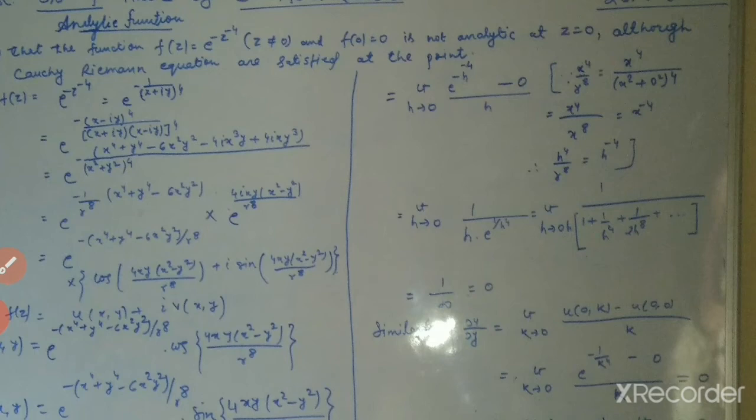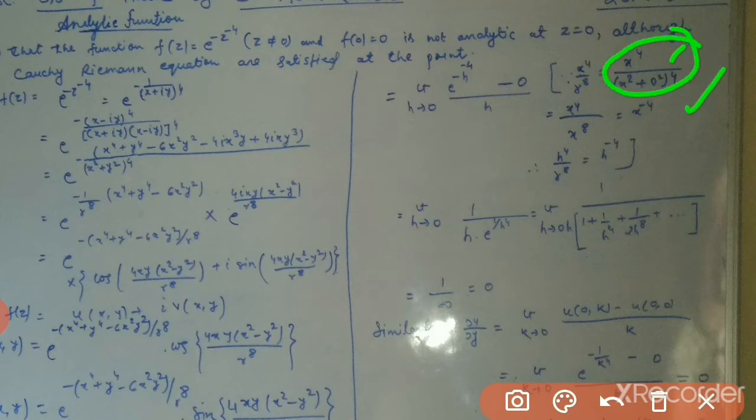So x to the power 8, and then x⁴ over x⁸, the 4 and 4 get cancelled. So we are left with the value x to the power minus 4. So this value x⁴ by r⁸ equals h to the power minus 4.